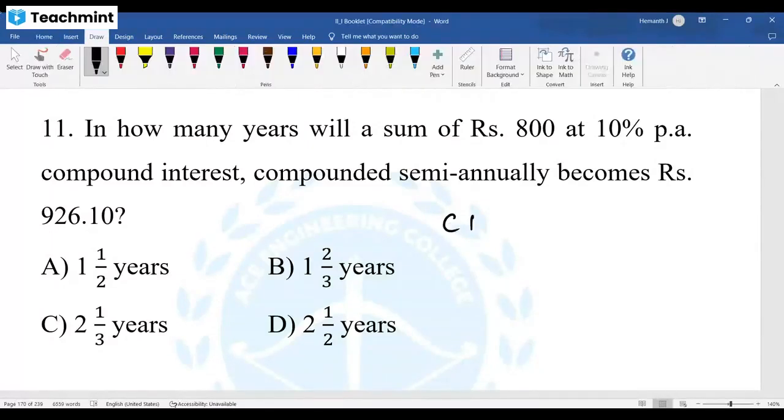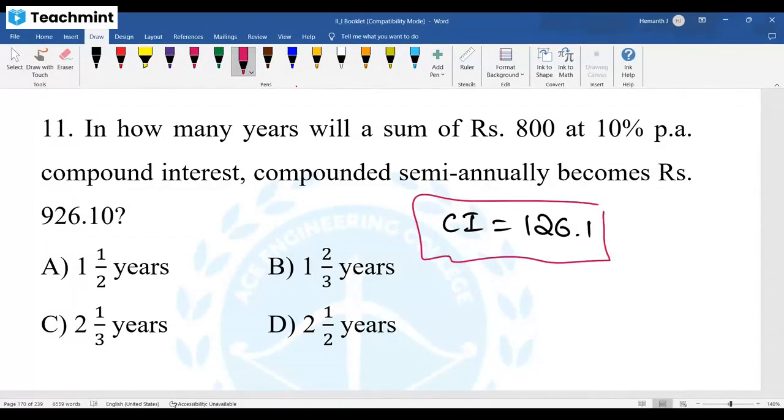So how much time is required to generate this compound interest of 126.1? They are doing compounding half yearly here. Semi-annually means nothing but half yearly. Rate of interest is how much here? 10% per annum.